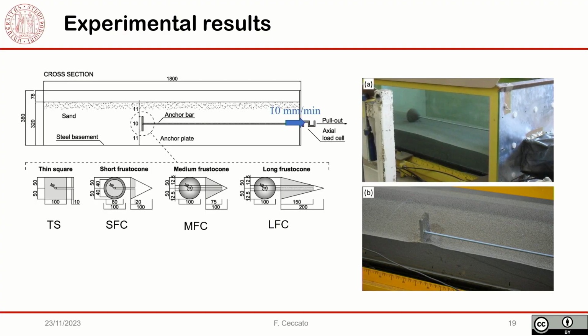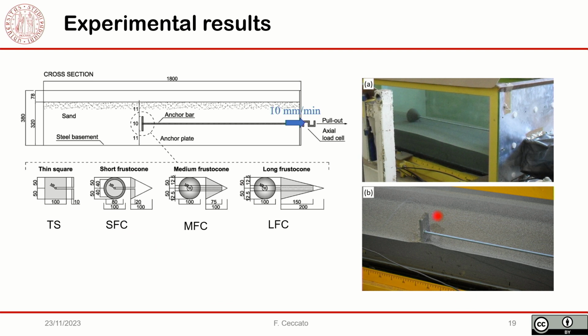For example, we performed some laboratory experiments in a sandbox, 1 meter by 80. The anchor is placed at the center, and it is pulled with a constant velocity while measuring the pull-out force. And we tested different shapes: the thin square, which is the standard, then short, medium, and long frustocone.